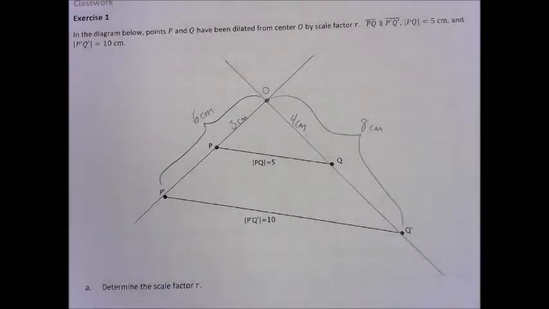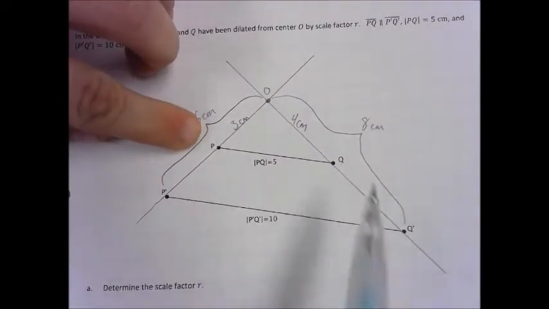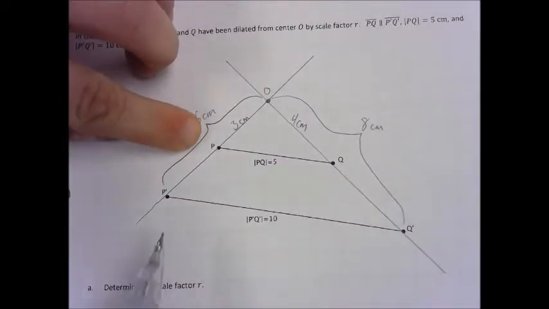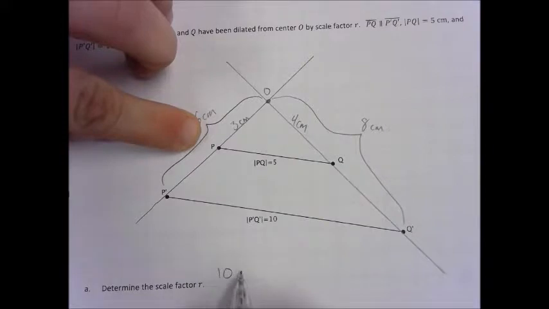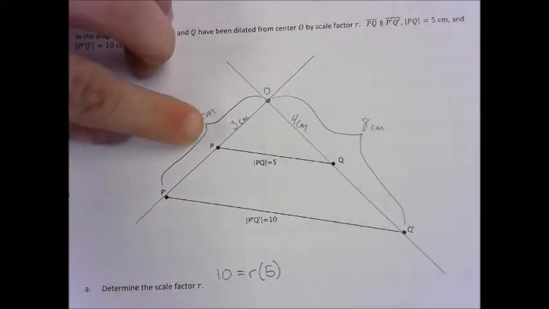So we set it up using our scale factor. Our original is PQ, and we also have our P prime Q prime, which equals 10. So if I have my prime, 10 equals my scale factor times my original, it's going to look like 10 equals R times 5.